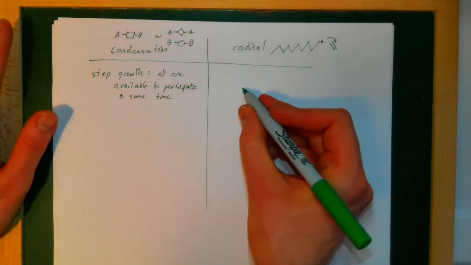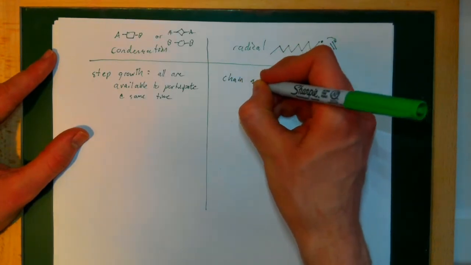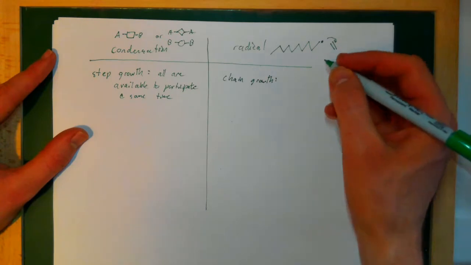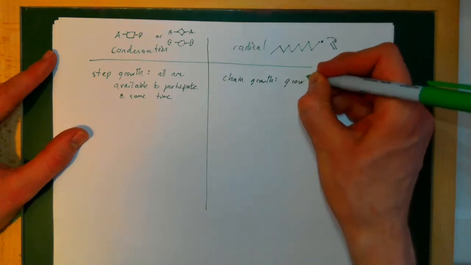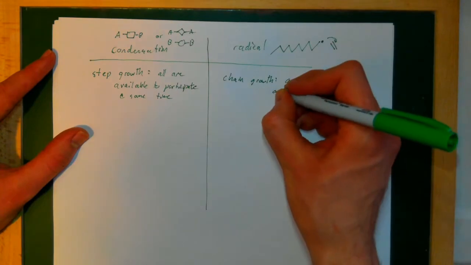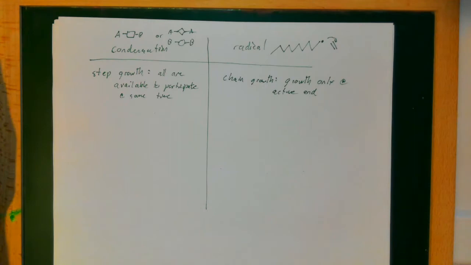We contrast this to radical polymerization, which is called chain growth, where growth occurs only at the active end. So that's the distinction.